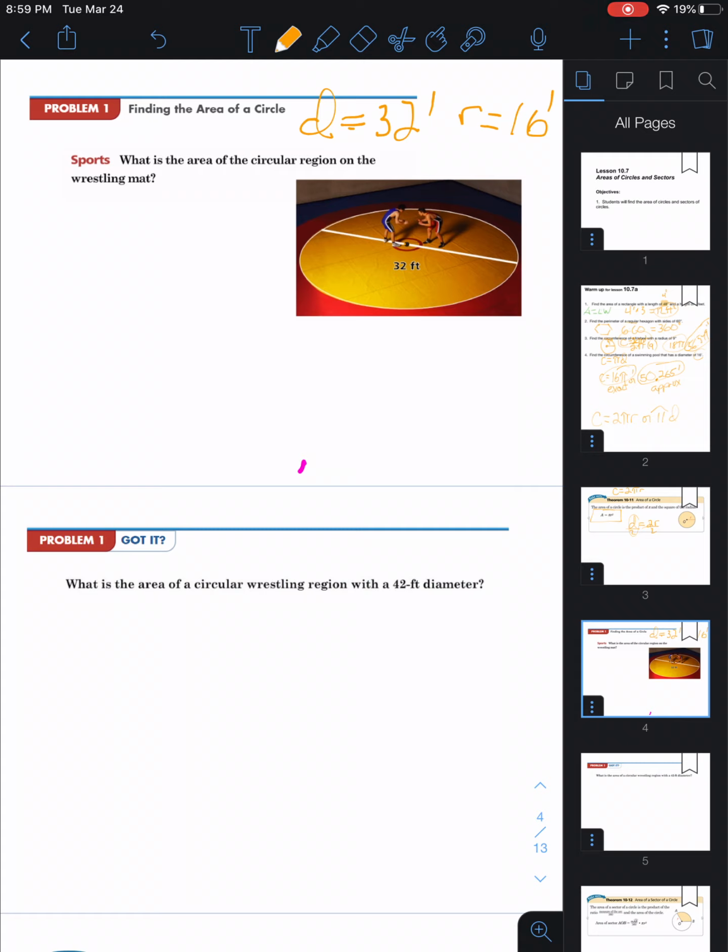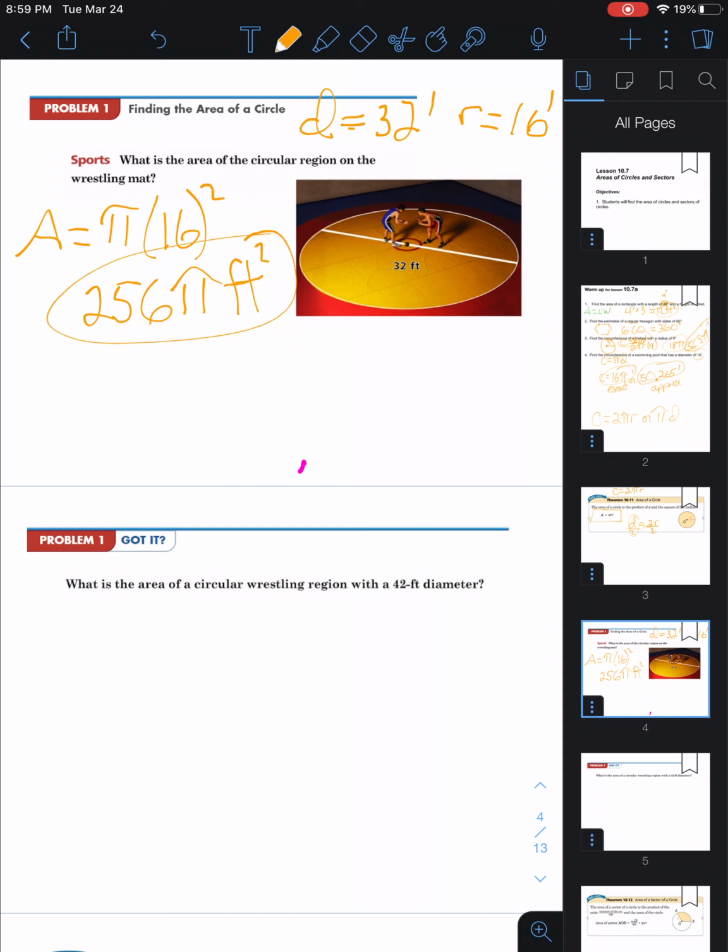To find the area, area equals pi times radius squared, or 16 squared, which is 256 pi. That would be our exact, in feet squared.